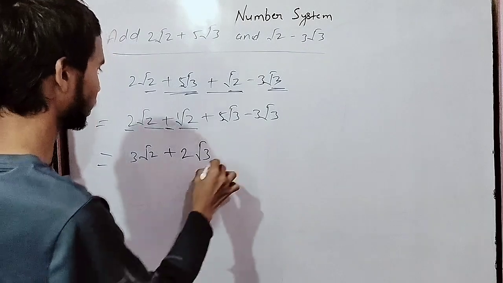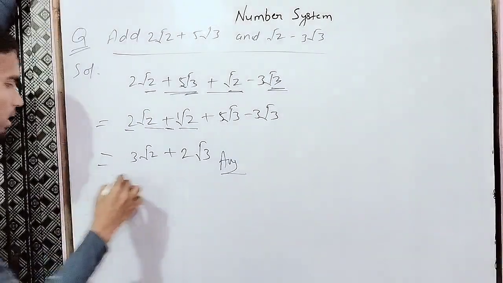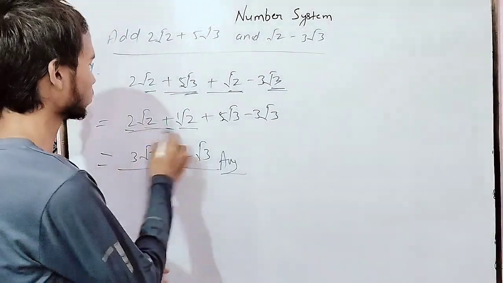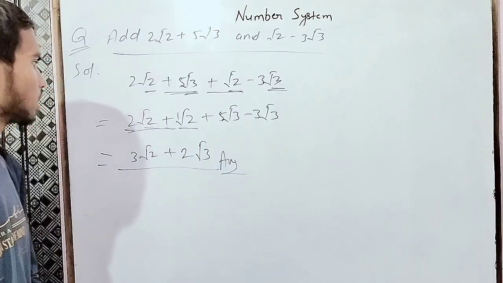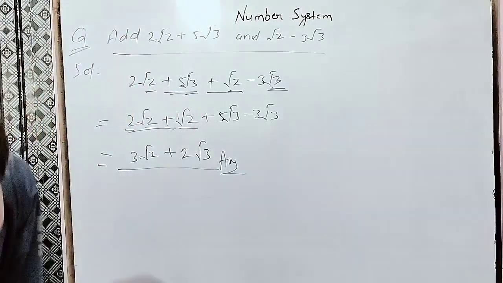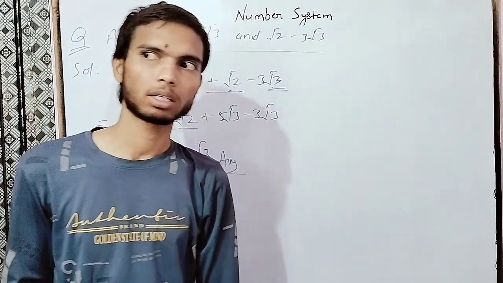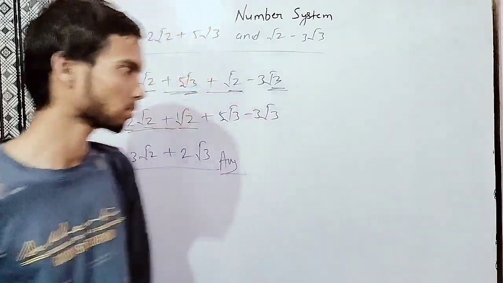Okay, that's it. It cannot be simplified further. That's why here is the final answer. Now we have taken the common root, then we just subtracted and added. That's how operations with roots are solved. That's it.